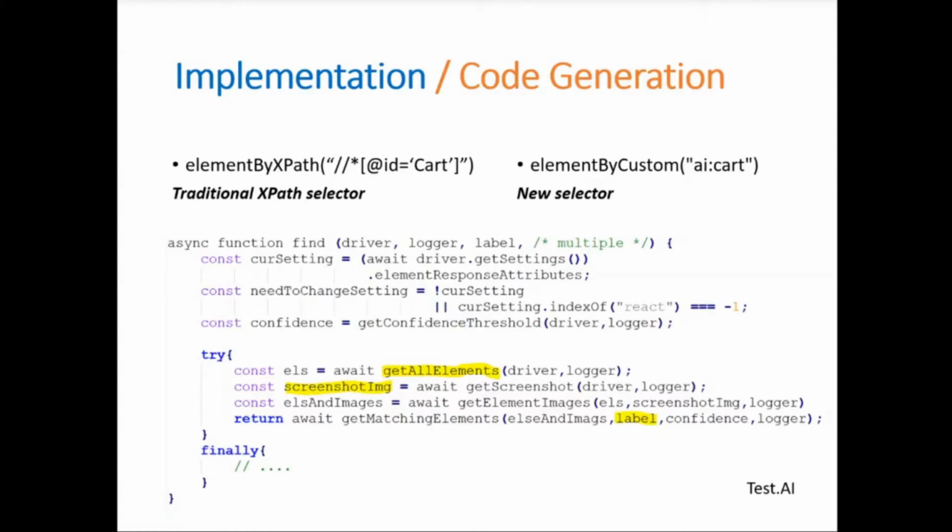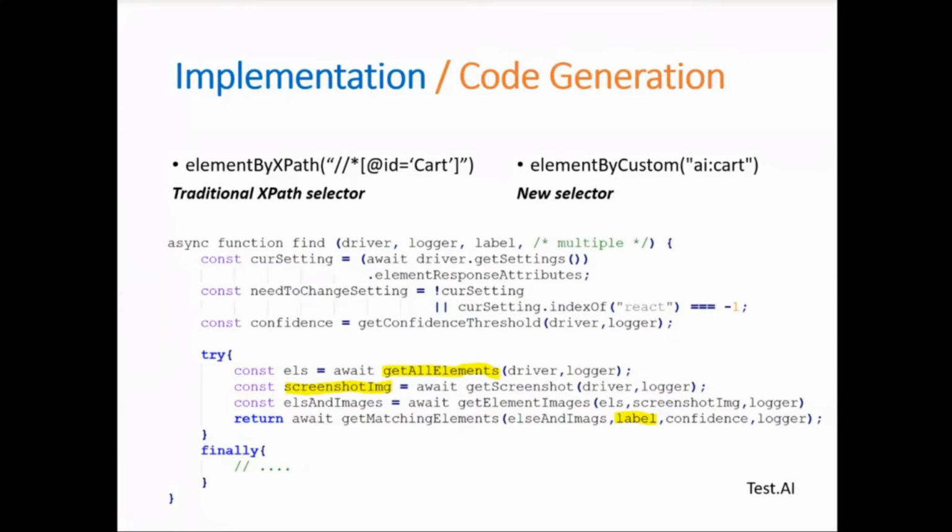So it is fragile. But instead of doing it this way, we can perform some visual recognition. This is code taken from the open repository from test.ai. What they do is pull all the images from the page and find what we are looking for.